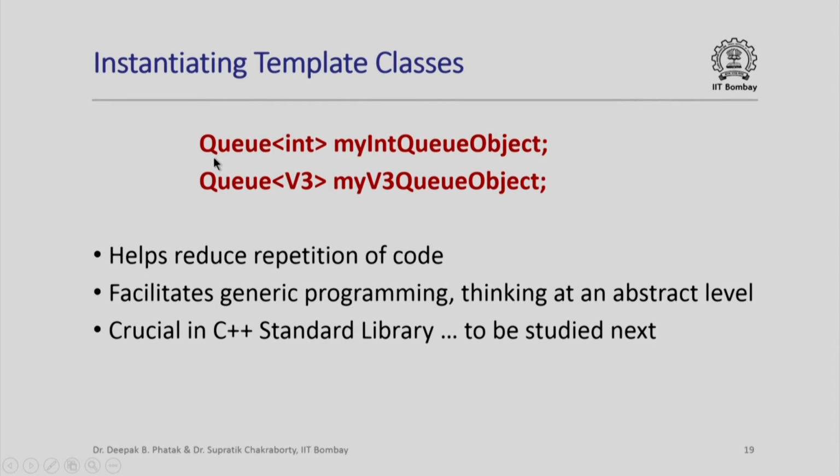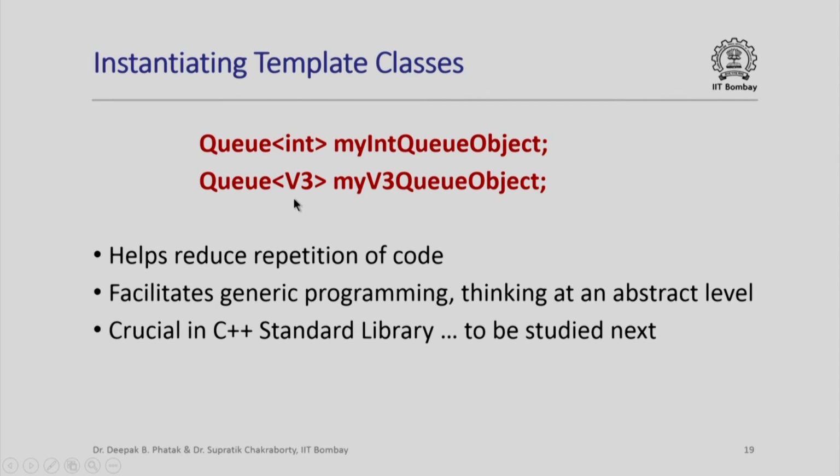The instantiated template class is of course just like an ordinary class where the generic data type T in the definition of the template class has been replaced by int. Similarly, my v3q object is an object of the instantiated template class Q, where the instantiation of the generic data type T has been done with the class v3.